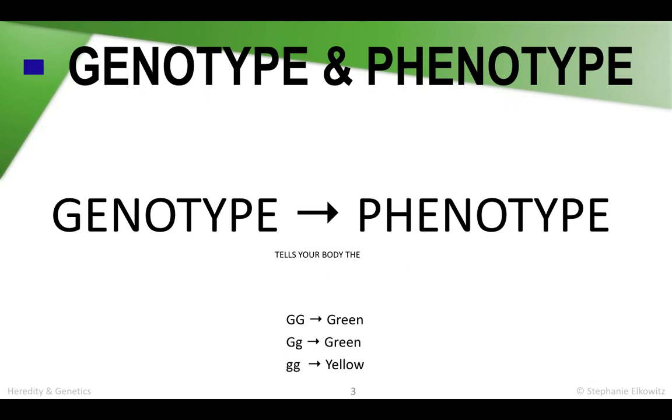Now your body knows if it has that capital G, it's going to be green, or if it's two little g's, it's going to be the recessive trait. It's going to be yellow. And we'll talk more about dominant and recessive, or loud and quiet traits. But that genotype, the actual letters, tells your body what the phenotype is supposed to be.